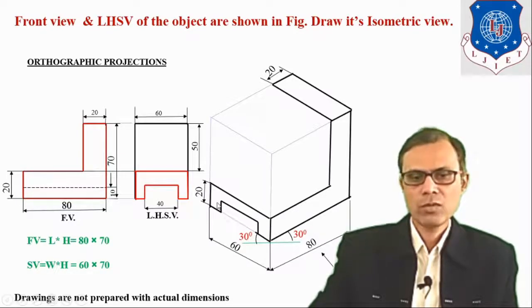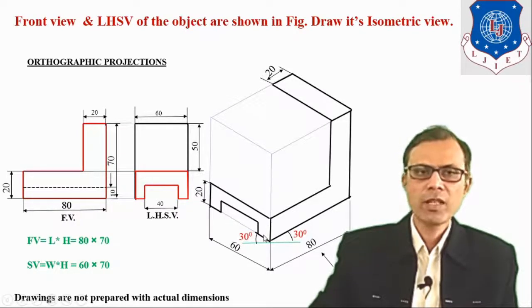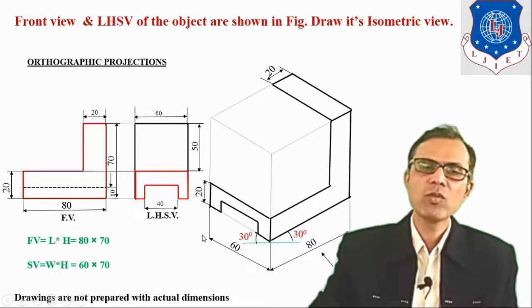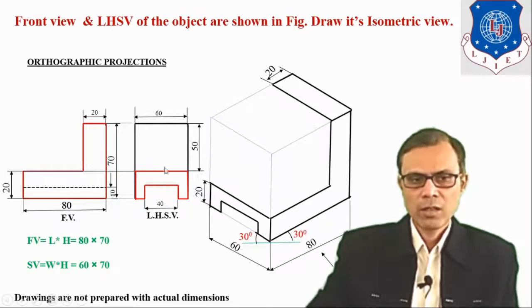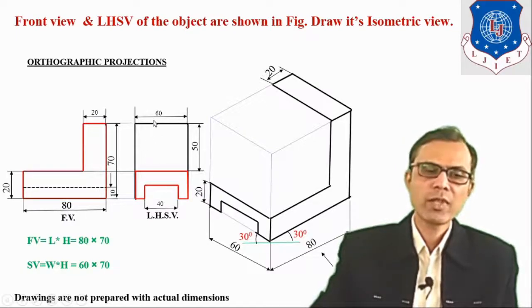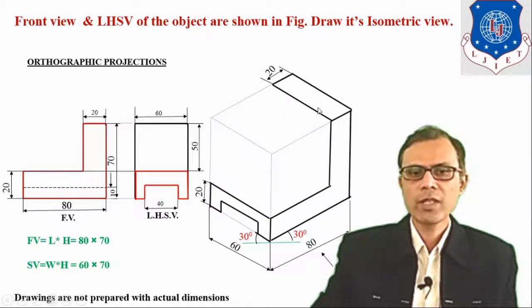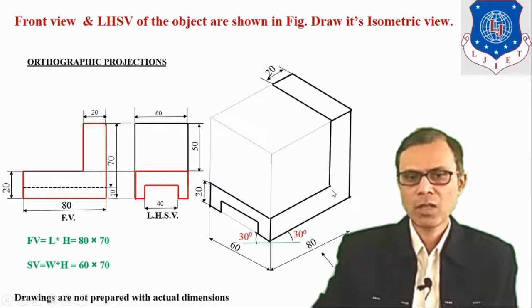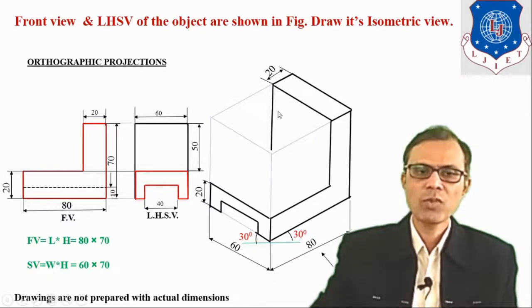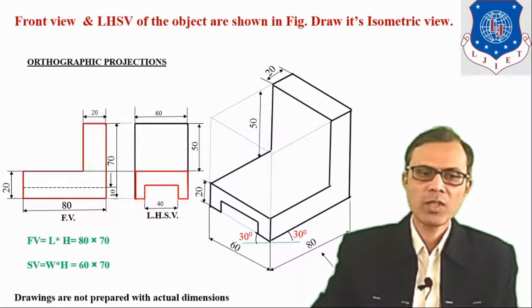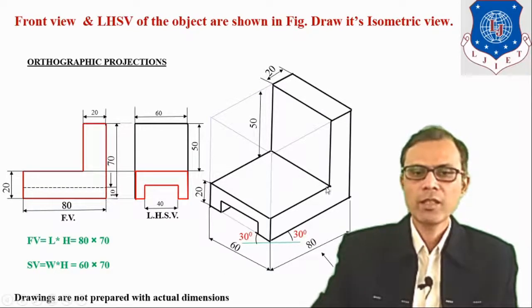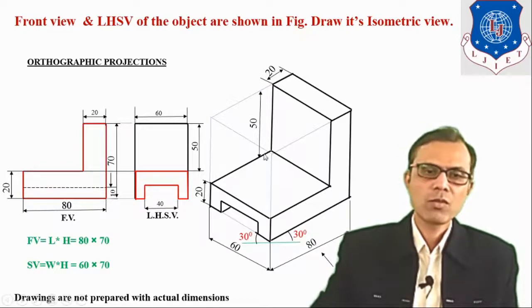So you can see now it is the inverted C shape in the left hand side view, and above that it looks like a rectangle of size 60 by 50. So it is 60, and up to this much height it is 50. So draw from this point 50 mm, and from this point draw this line parallel to the axis of the length, and then complete this width. So it is a rectangle which can be seen from the left hand side view direction.